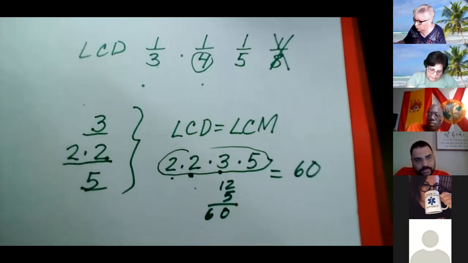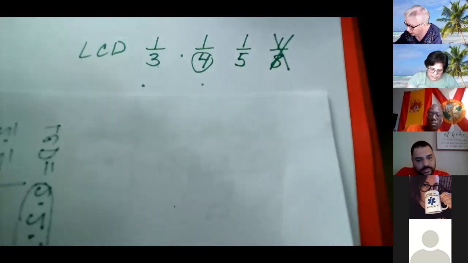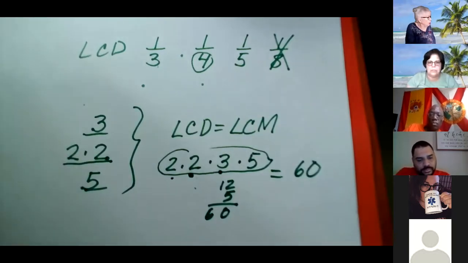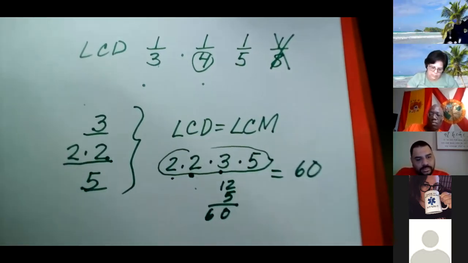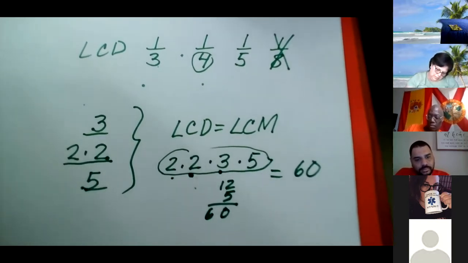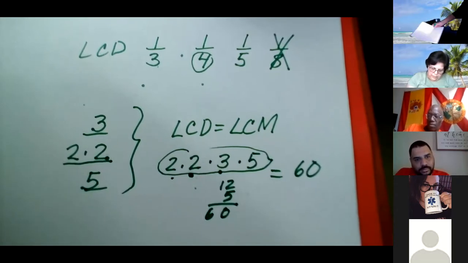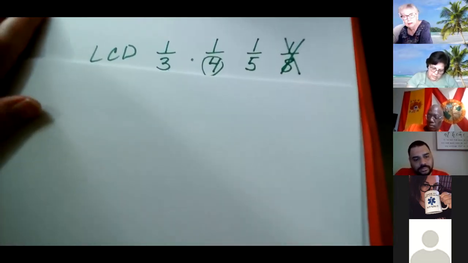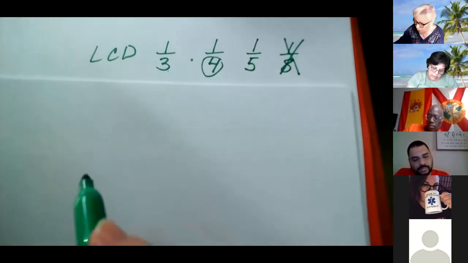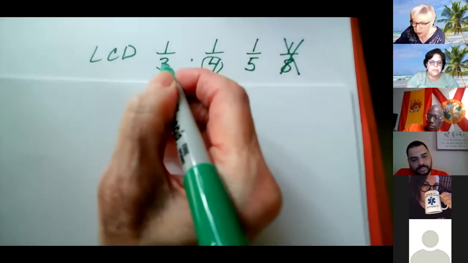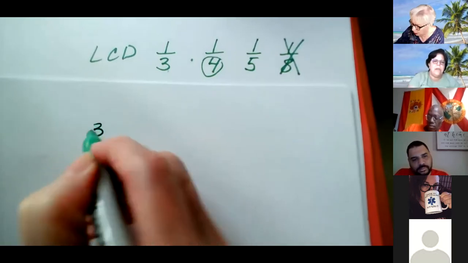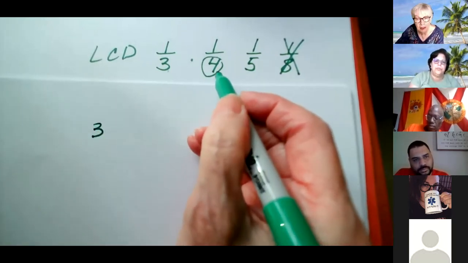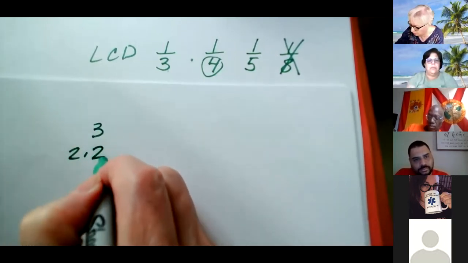So let's do the 1/8. So I need more paper. Okay. So if I brought in the 1/8, the prime factors of 3 were 3. The prime factors of 4 were 2 by 2.